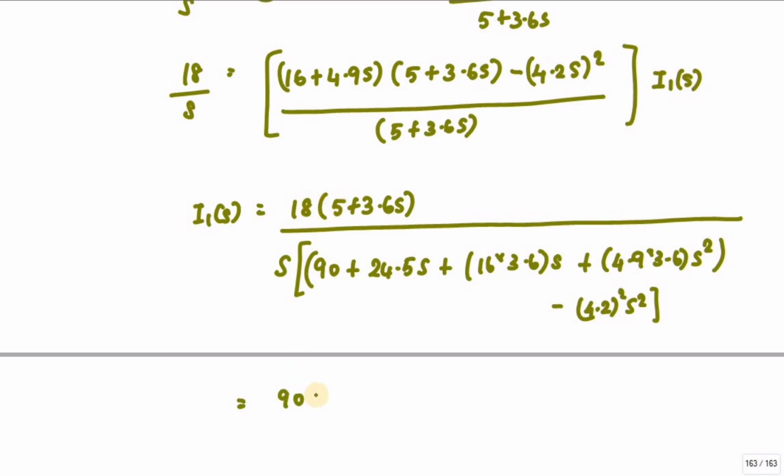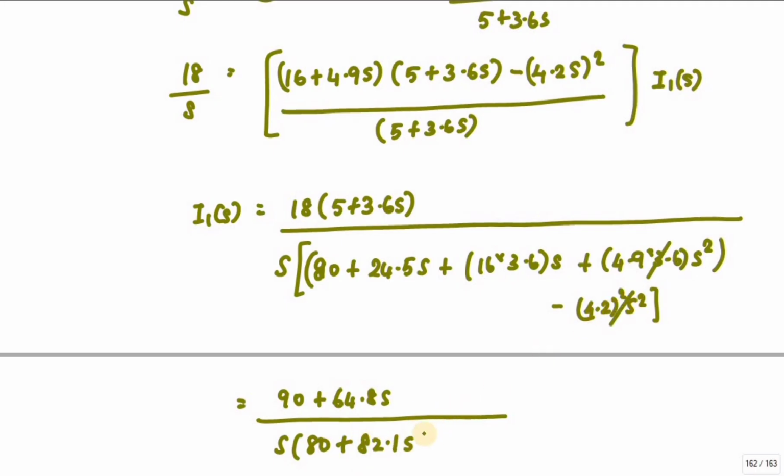Now we can see 18 times 5 is 90, plus 64.8 s, divided by s into (80 plus 82.1 s), because the 4.2 whole squared times s squared and 4.9 times 3.6 times s squared get cancelled out, and I get this equation.